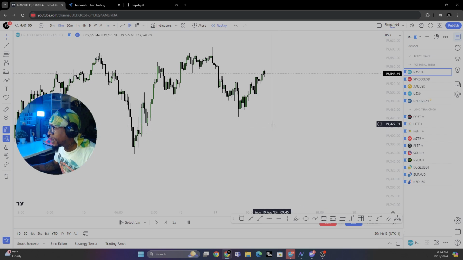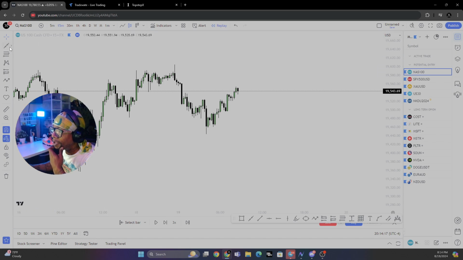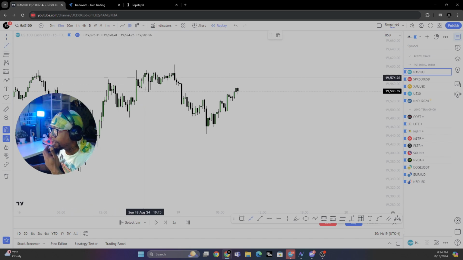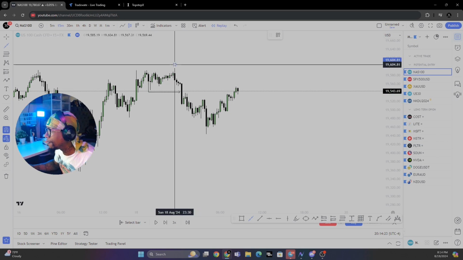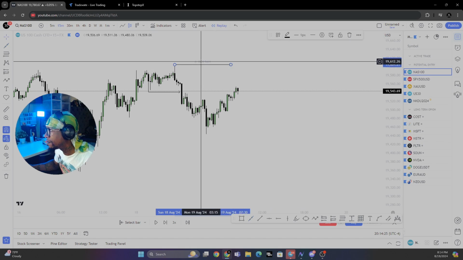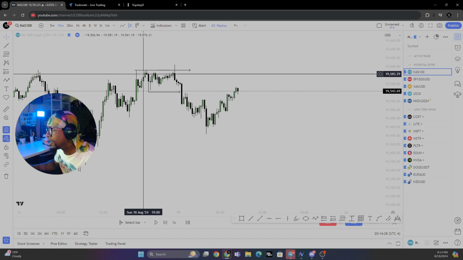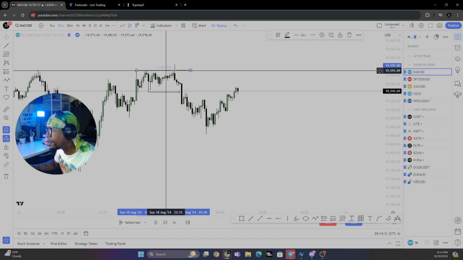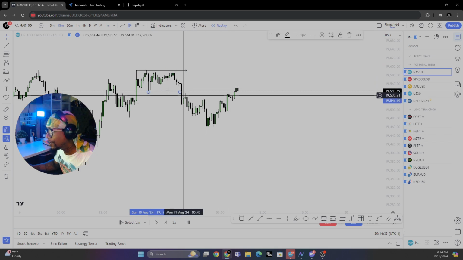This morning, I accounted for the fact that Asian created some form of a high and it also created a low, right? So let's just say Asian lows, Asian highs. I could use this, for example, because I'm looking at it from, okay, these highs got ran liquidity-wise, and price decided to break structure to the downside.